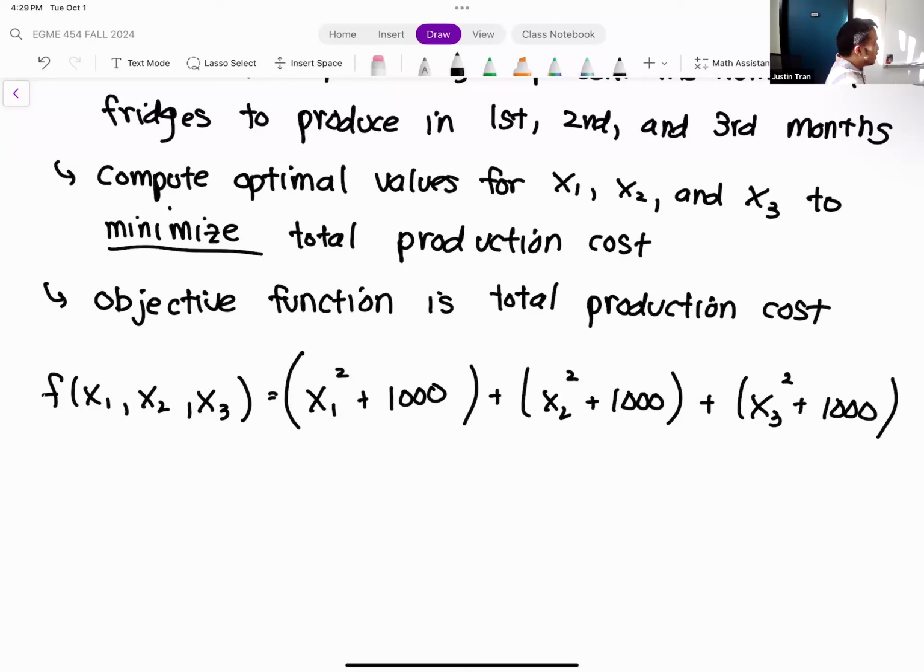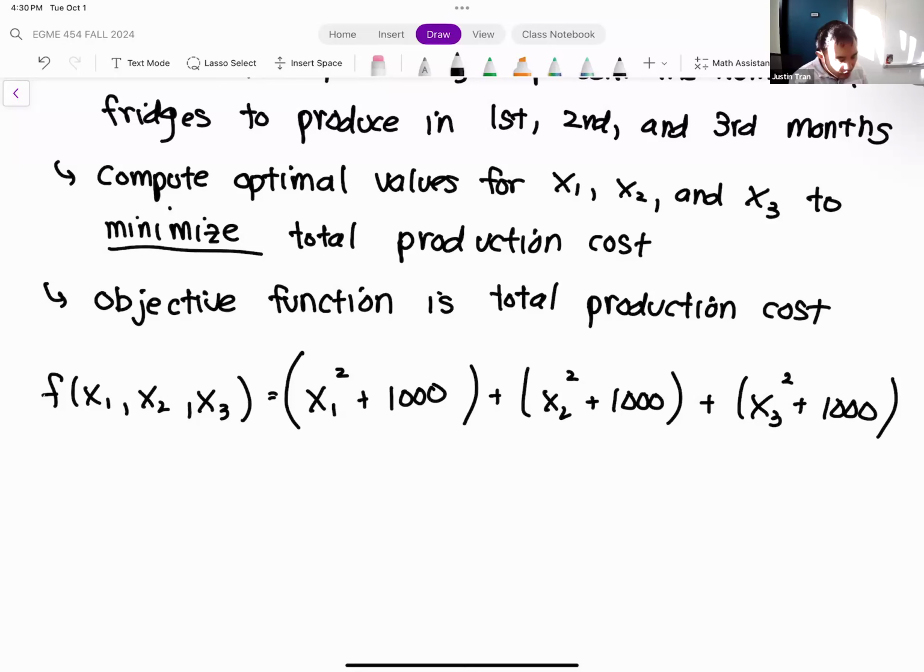But each month, there's also what's often called a flat cost associated with starting up the machines, running the electricity in the building, and so on. So even if you produce 0 refrigerators, you still have to pay a flat cost of $1,000. And it would be really nice if the company produces maybe 150 refrigerators all at once. Maybe then you can save on some of the costs for later.